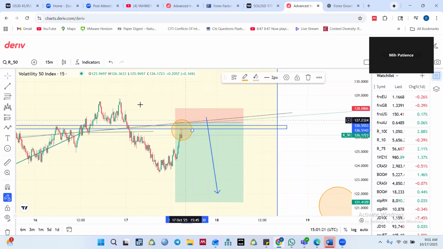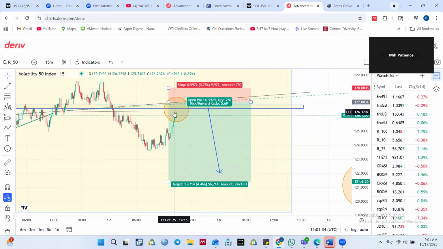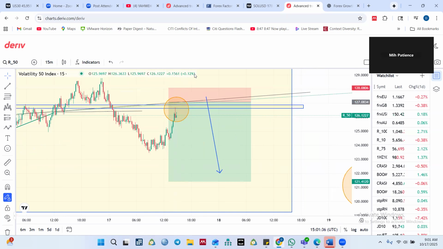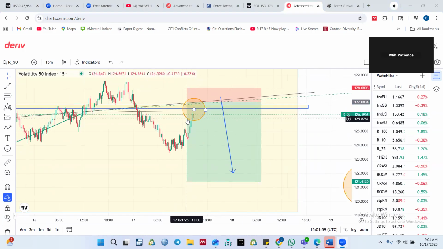After it hit here, you might want to go to the 5 minute or 15 minute to see another break of structure, another price action telling you that you want to sell. Without seeing that, even though we are inside of premium, you still cannot sell.